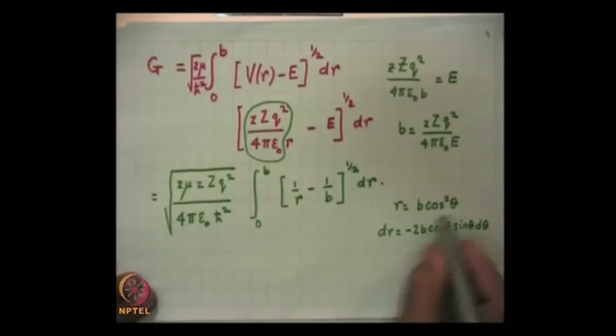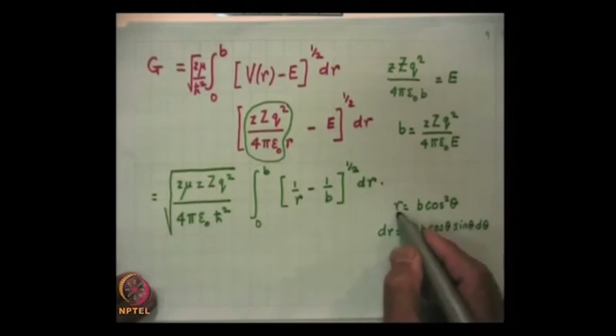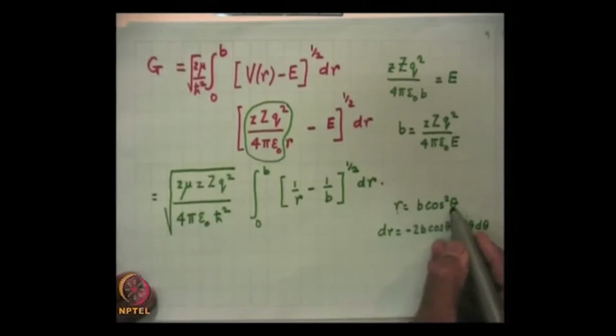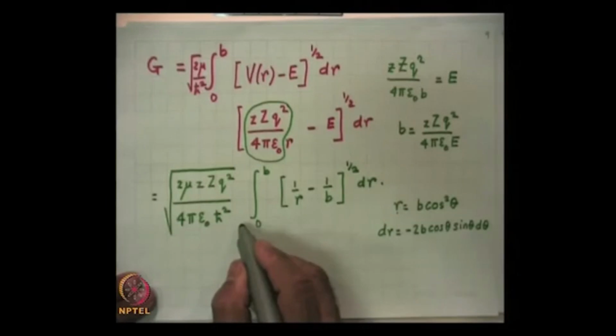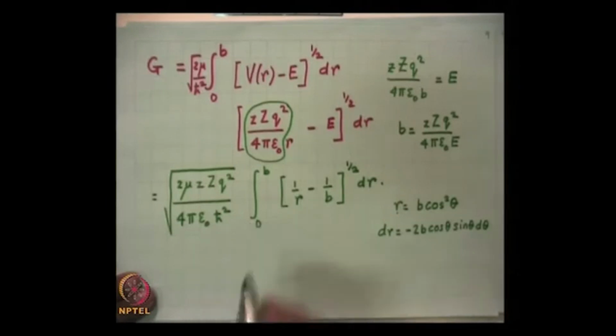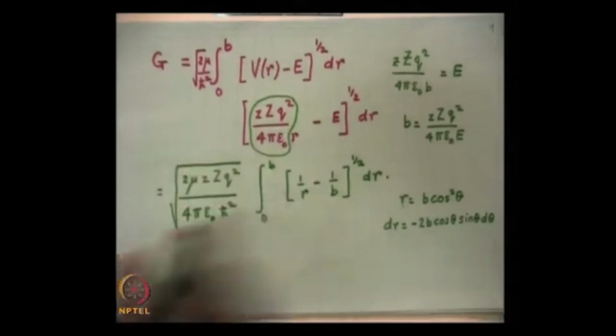Okay. So, when r is 0, so theta becomes pi, no, I am sorry, I made a mistake.